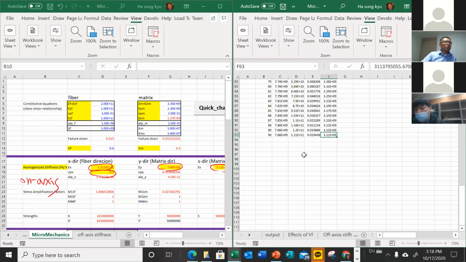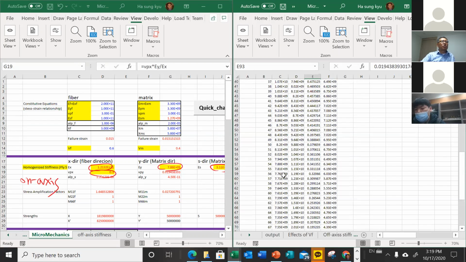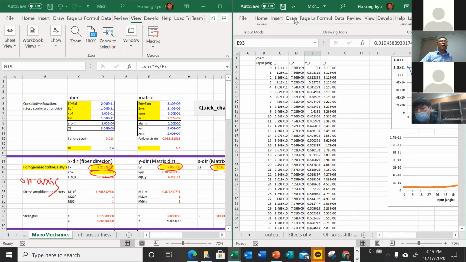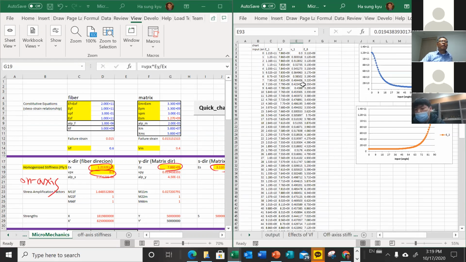And the shear will be the same, and the Poisson's ratio, as you can see now, is the Poisson's ratio of Y. See, this is the same one. So this is another confirmation and a very important observation.